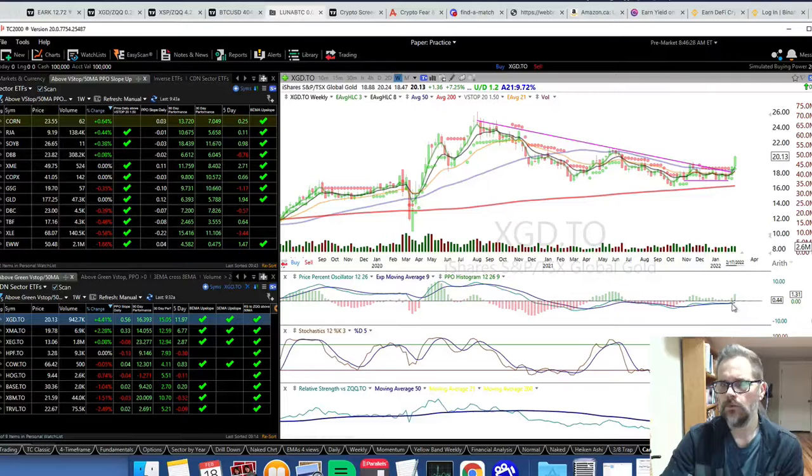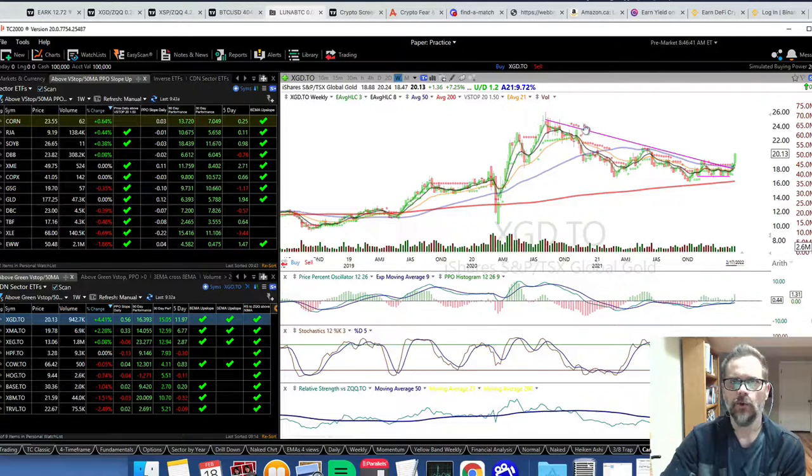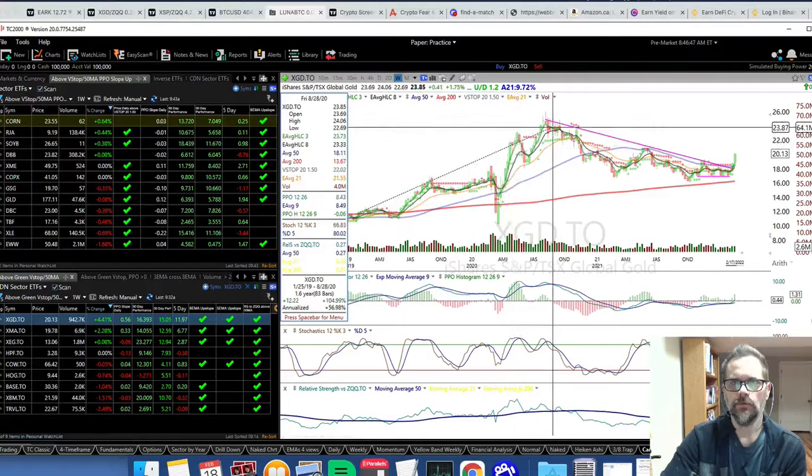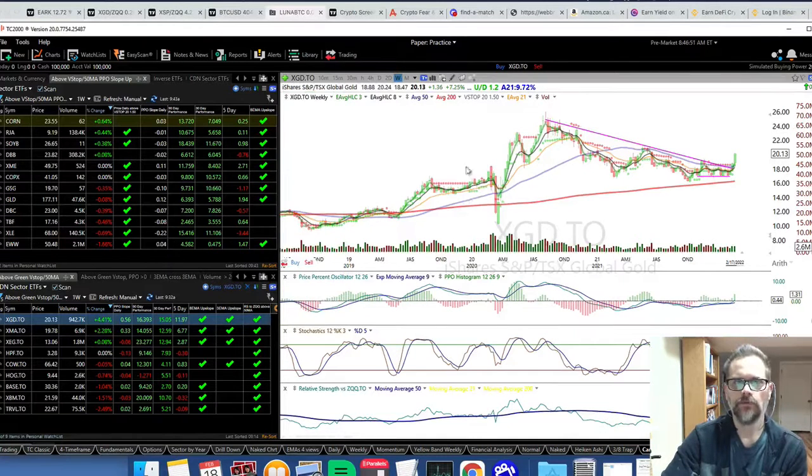This is looking very good, like it's potentially going to break out on a weekly basis. In the past, there was quite a huge trend since 2019 up to 2020, that's 106%, so that's like a 2x.